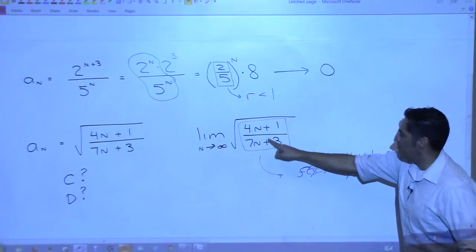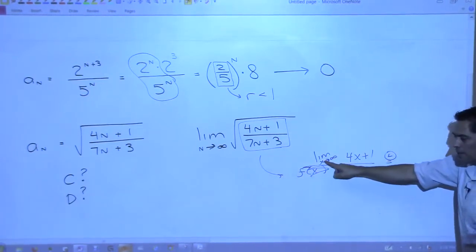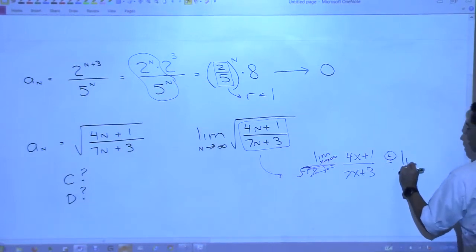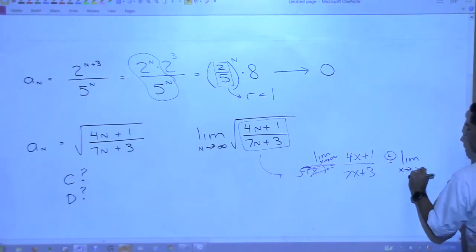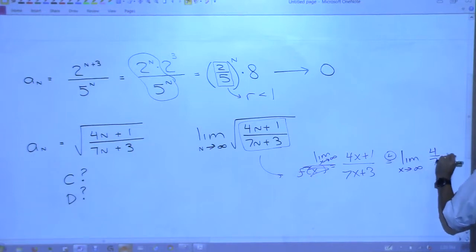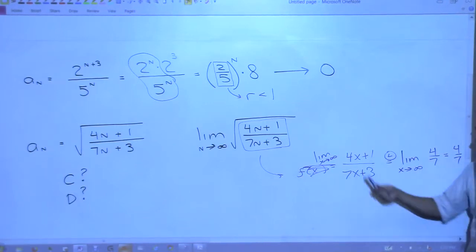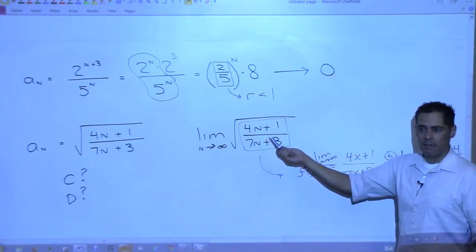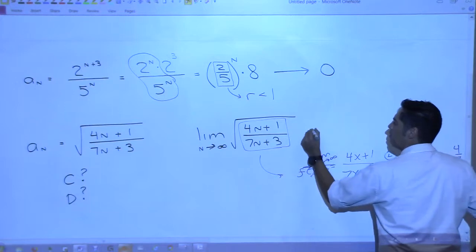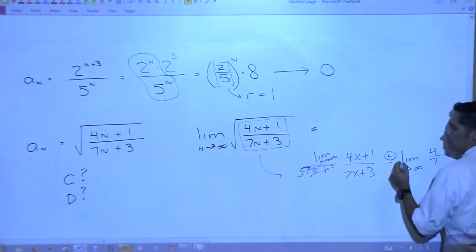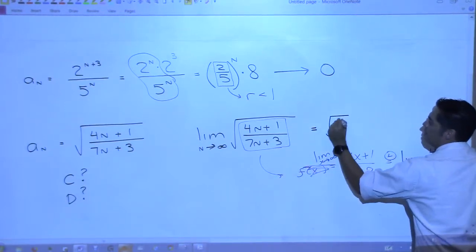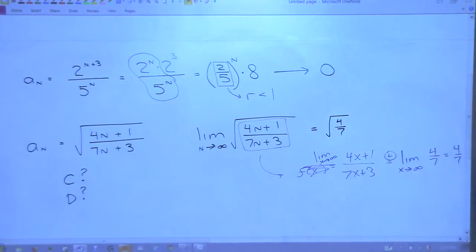So I'm rewriting it as a function of x and taking the limit as x goes to infinity, and then doing L'Hopital, and that just gives me 4/7, right? So if the function does this, the sequence does it also, right? So this limit will be what? The square root of 4/7, right?